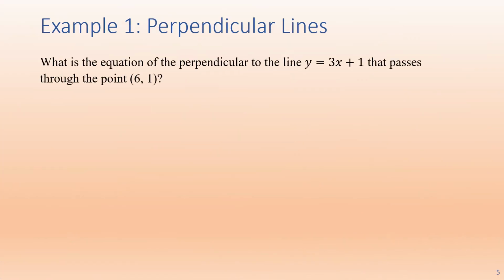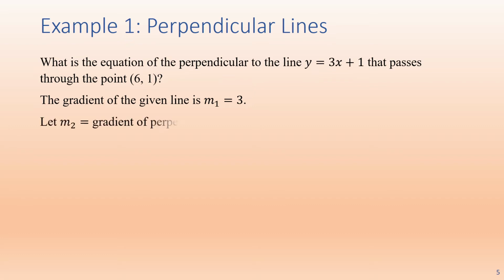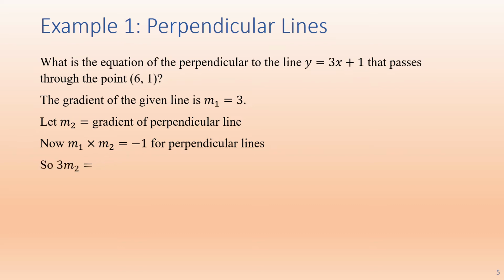In this example, we are asked to find the equation of a line that's perpendicular to this given line that passes through a given point. So the gradient of that given line is 3. We'll call that m1. And so the gradient of the perpendicular line, which we'll call m2, can be found by using the fact that the product of those two gradients has to be minus 1.